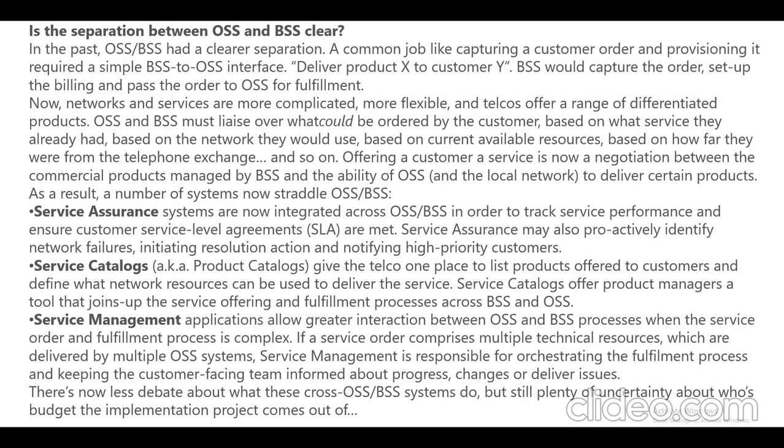Now service management is applicable to interact with the BSS and OSS processes when service order fulfillment is complex. If the service order comprises multiple technical resources which are delivered to multiple OSS systems, then this will be a new challenge across the BSS overview, building uncertainty about who handles the details here.